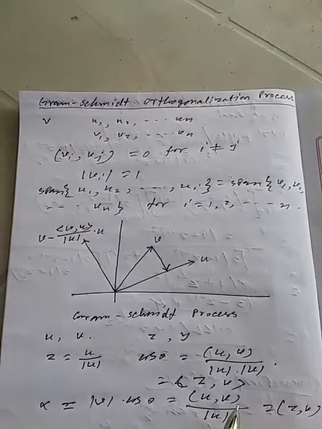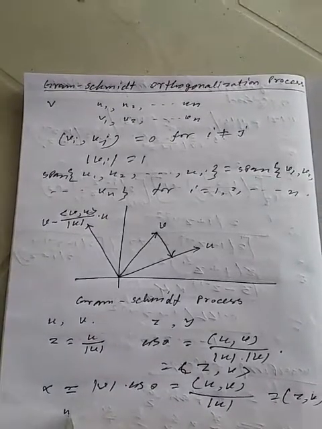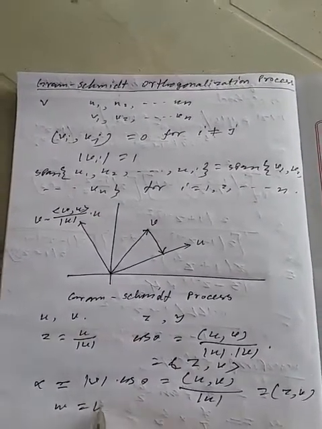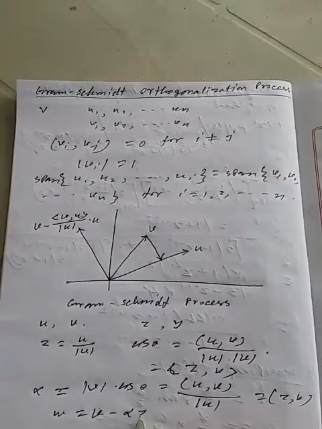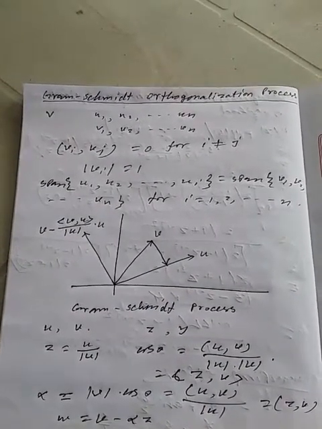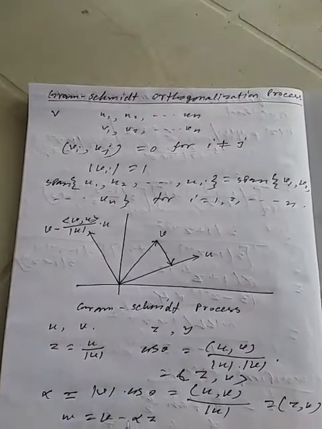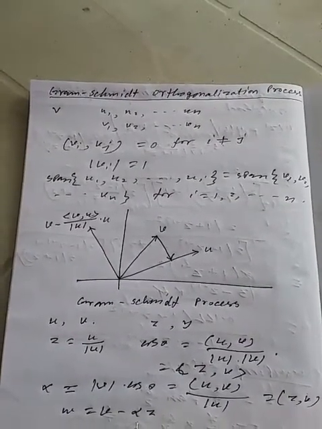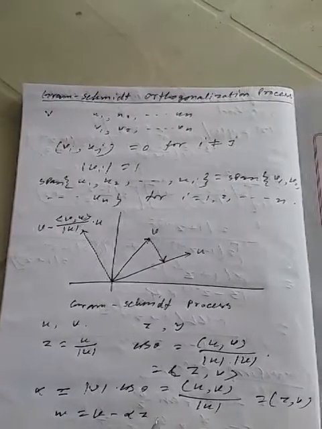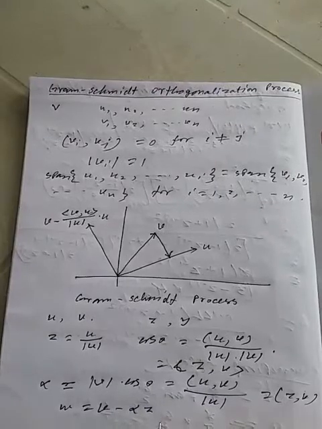Here will be a term w equal to v minus alpha z, which is a vector perpendicular to the unit vector z. As there is a negative sign, it is perpendicular to vector z. We have removed the component of z from v.